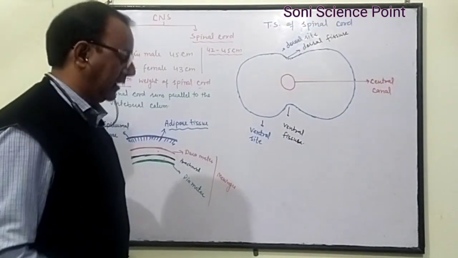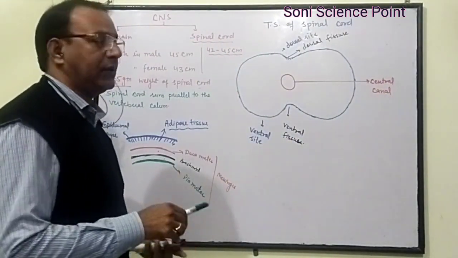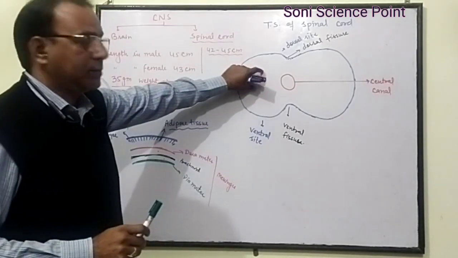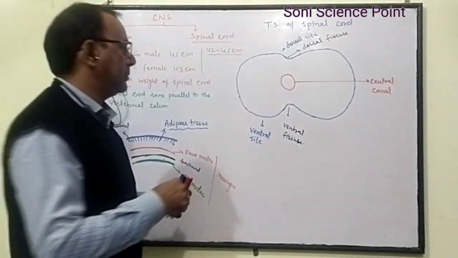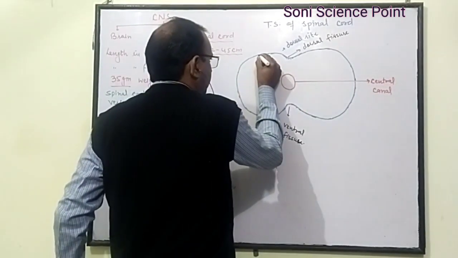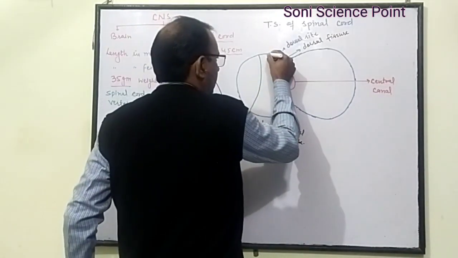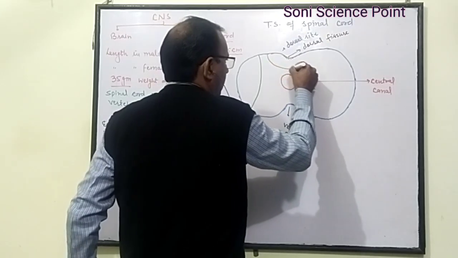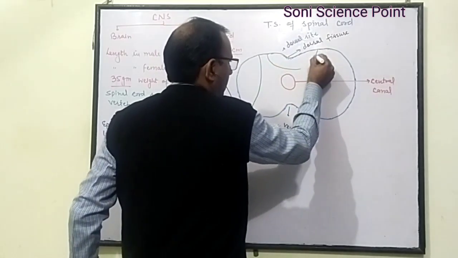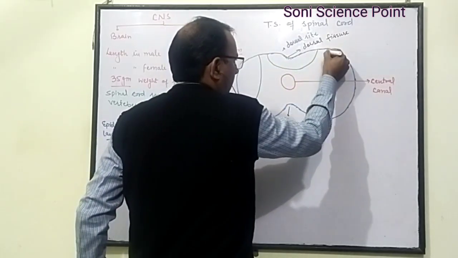We have talked about the spinal cord in the fissures having an H-shaped or butterfly-shaped structure.